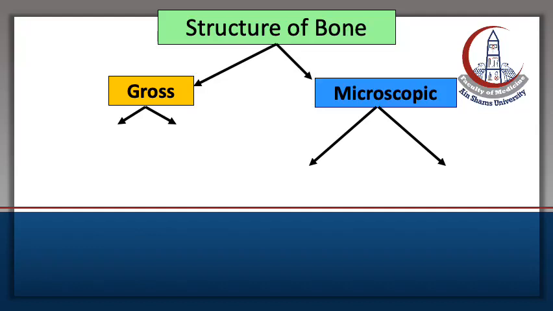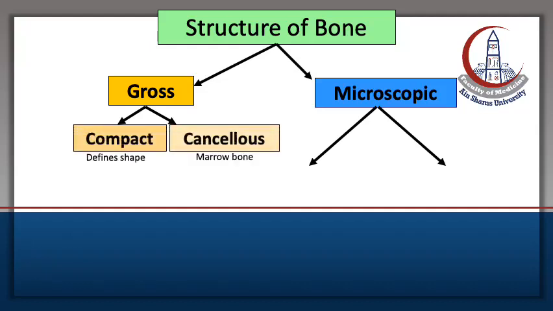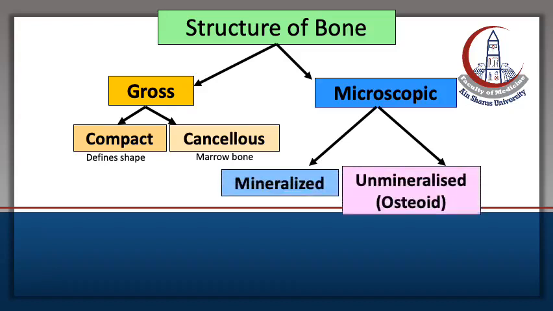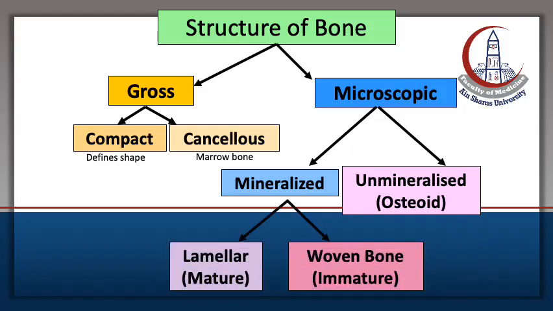So, to summarize up the structure of the bone as a gross component, it is formed of a compact and a cancellous bone, and under the microscope there are two types of bone, one which is totally mineralized but may be lamellar in the mature form or woven in the immature form, and unmineralized, and in this case we call it osteoid.